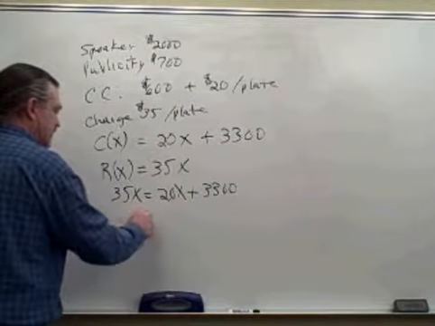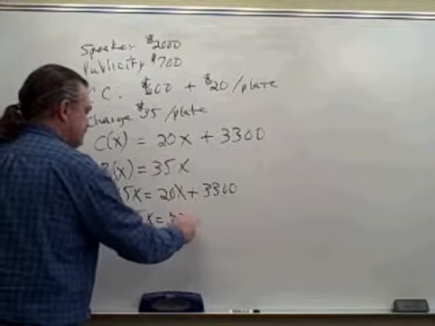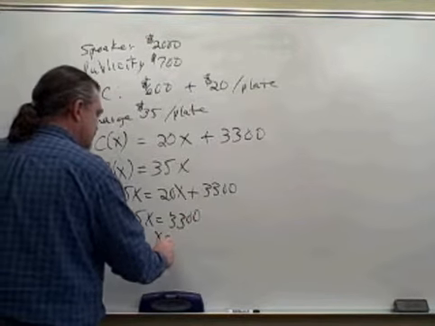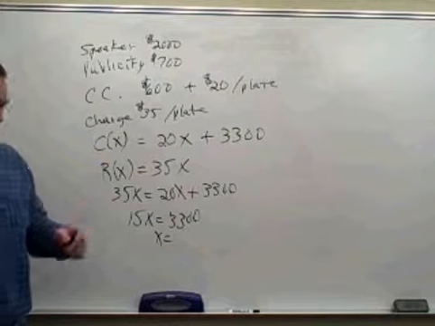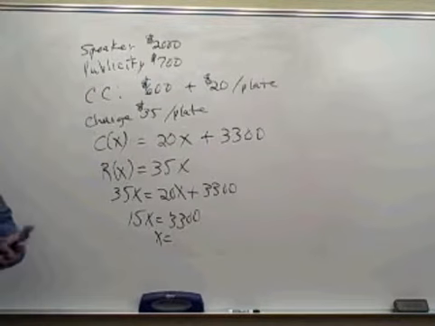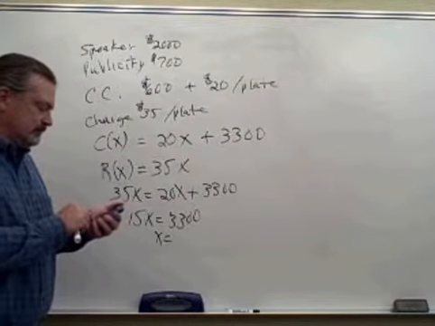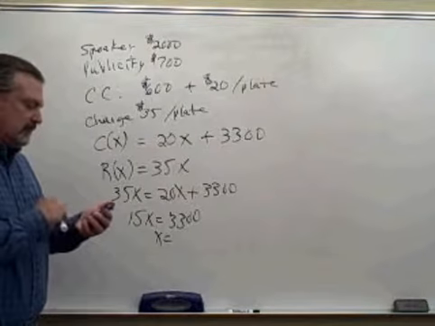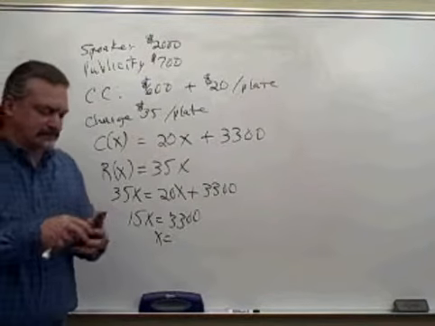35x minus 20x is going to give us 15x. 15x equals 3,300. If I take my calculator, 3,300 divided by 15 gives me 220.